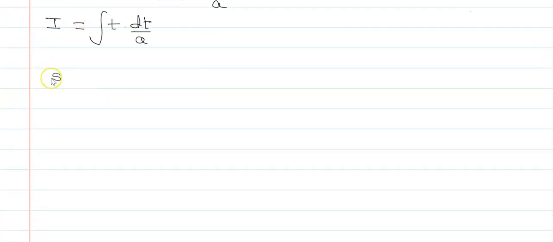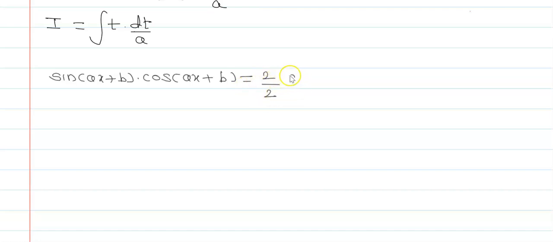Sine of (ax plus b) into cos of (ax plus b) is equal to 1 upon 2 into 2 sine of (ax plus b) into cos of (ax plus b).